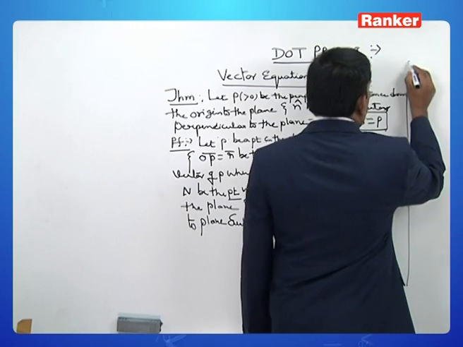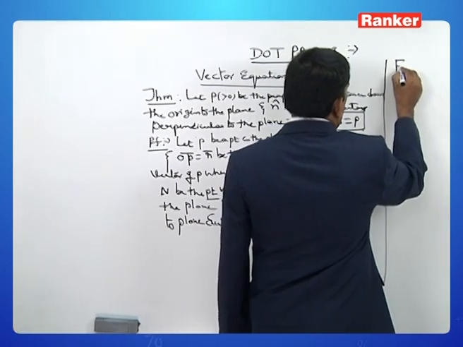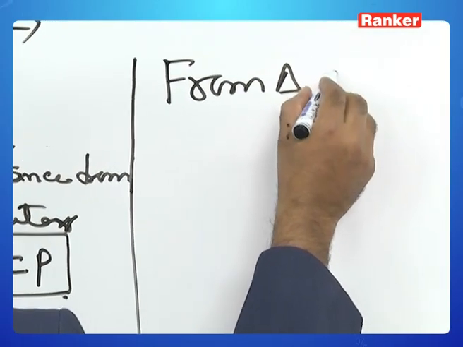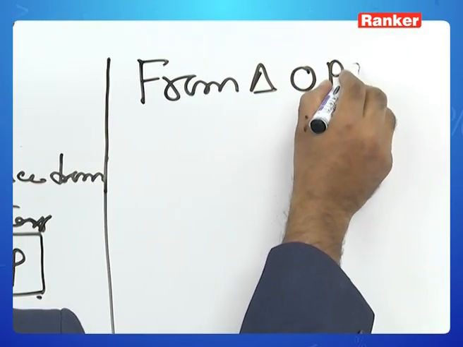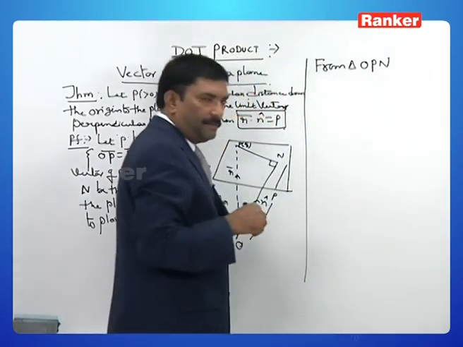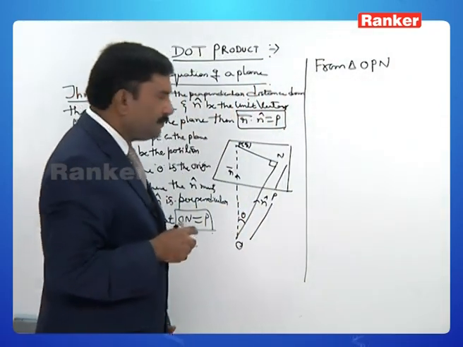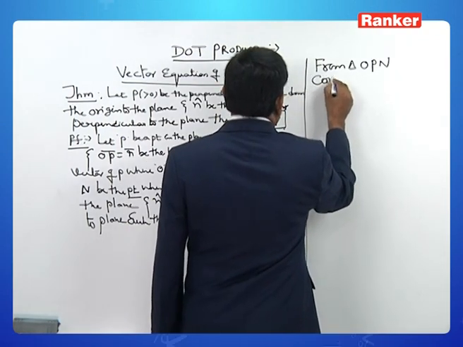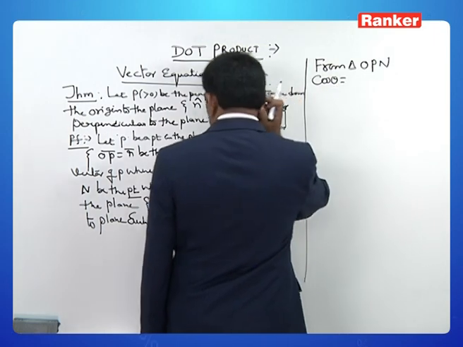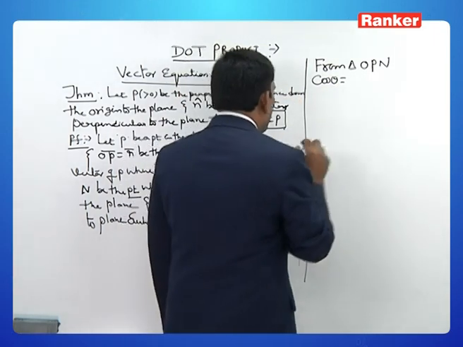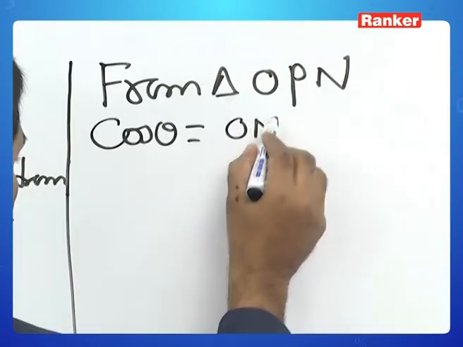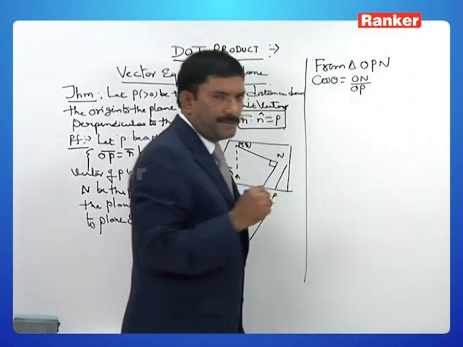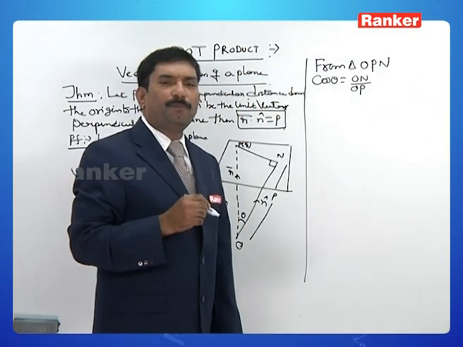From triangle OPN, I am going to write cos theta. Cos theta is equal to adjacent side by hypotenuse, ON by OP.